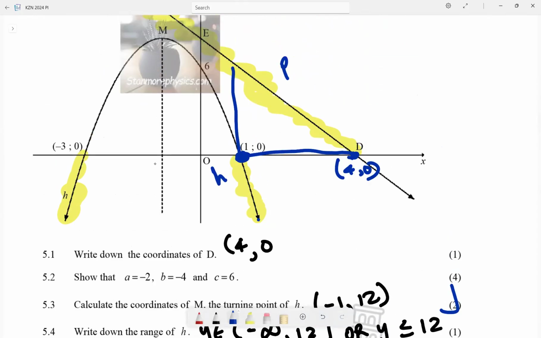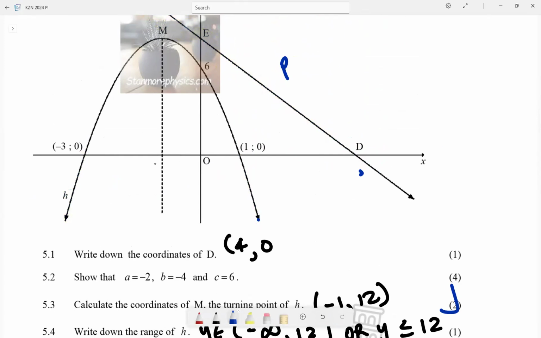Another one that you can look at again is when H is positive and P is negative. Where P is negative? Here. Can you find that? Can you see this one will be positive above, but this one will be negative? So there's no way they intersect.